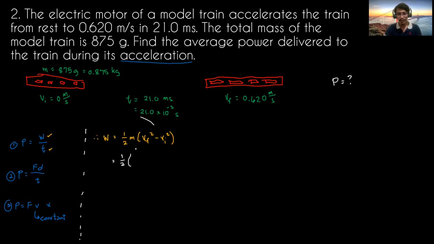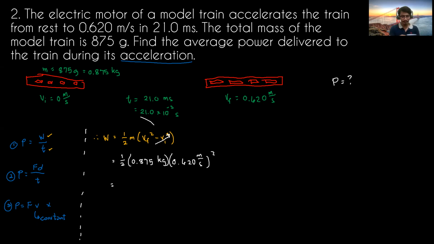So that is one half times the standard mass, 0.875 kilograms, times the initial velocity, which is 0, so this can be disregarded, times the final velocity, 0.620 meters per second, squared.